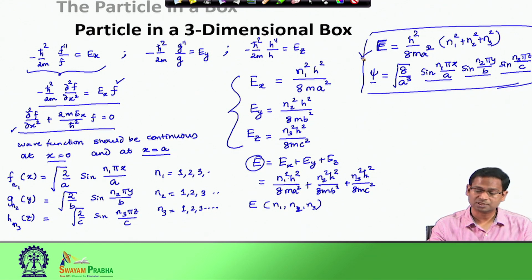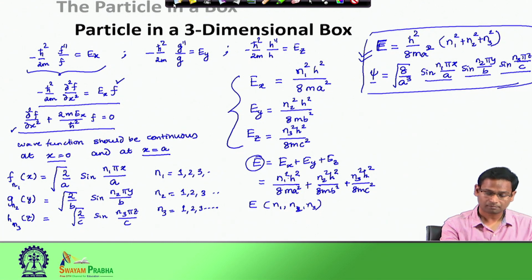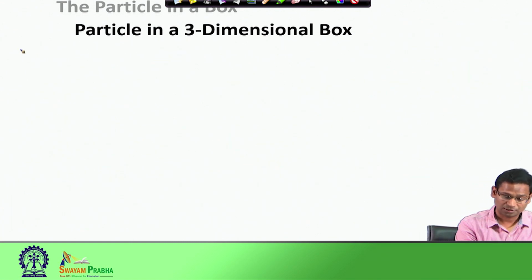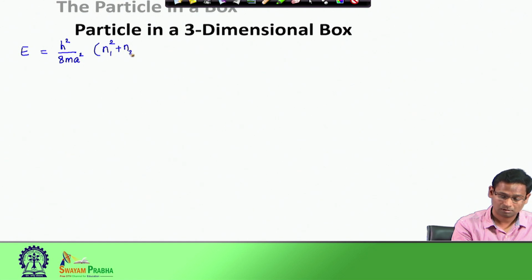We will use this expression and learn something about the energy levels of a particle in a 3-dimensional box next. So, just to refresh your memory, our total energy E had n1, n2, n3 as 3 independent variables.